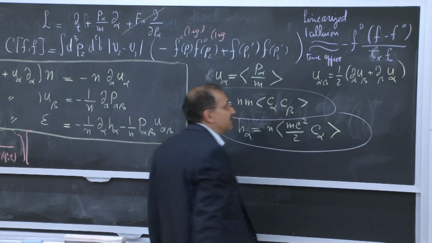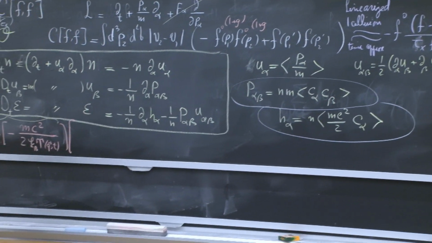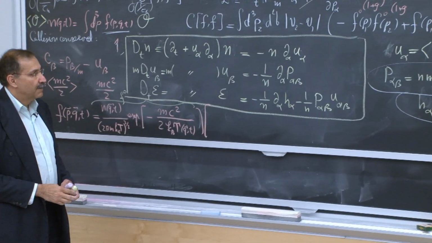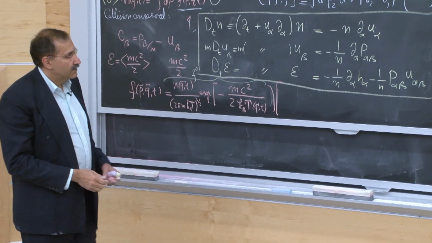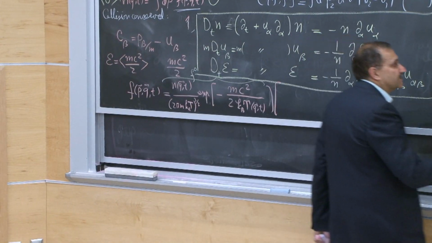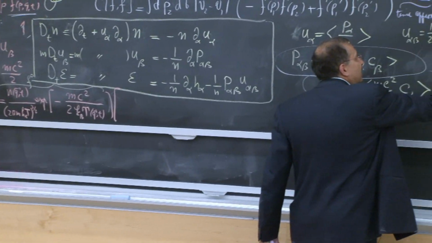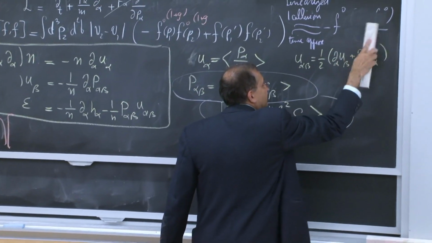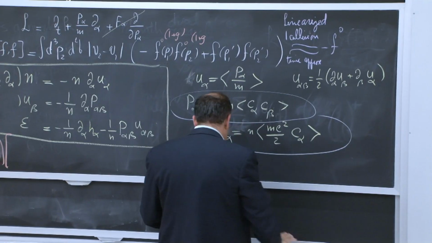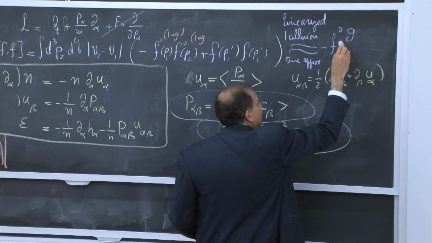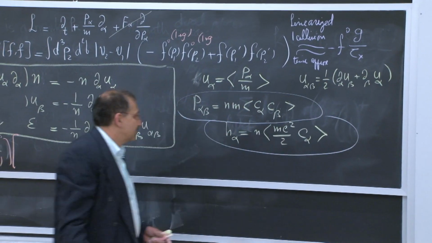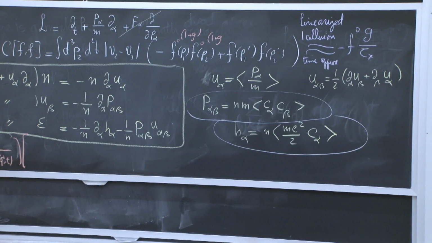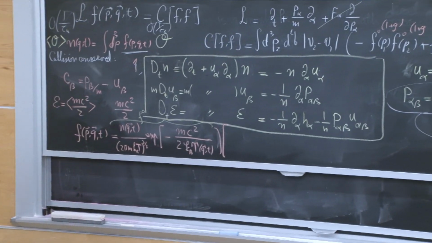Actually, f0. This was g. Let's just write it the way that I wrote before. We wrote this as g over tau x, where g is the correction that I have to write here.